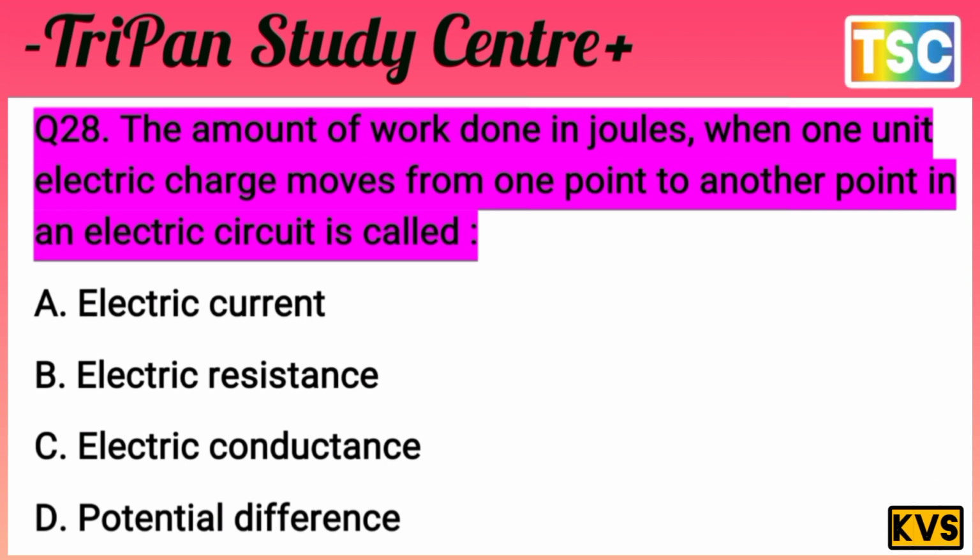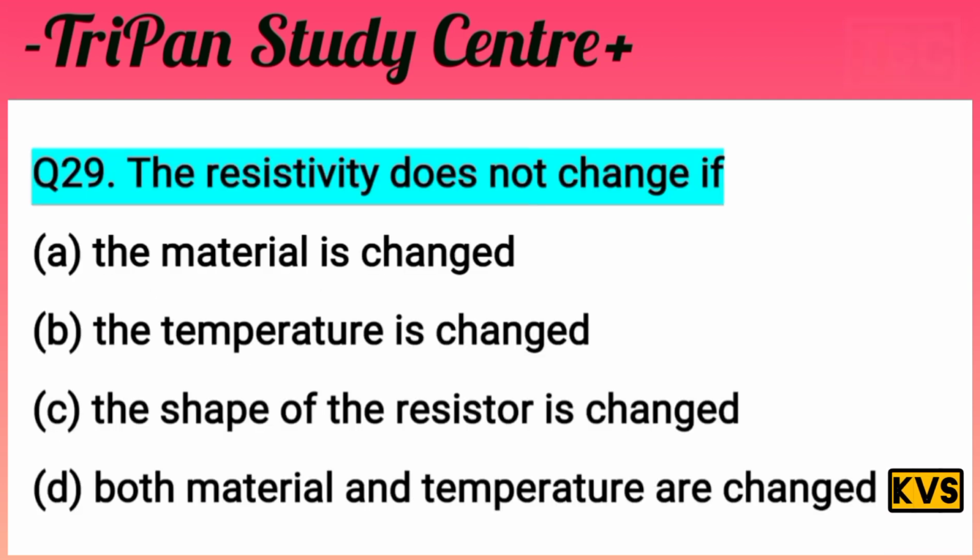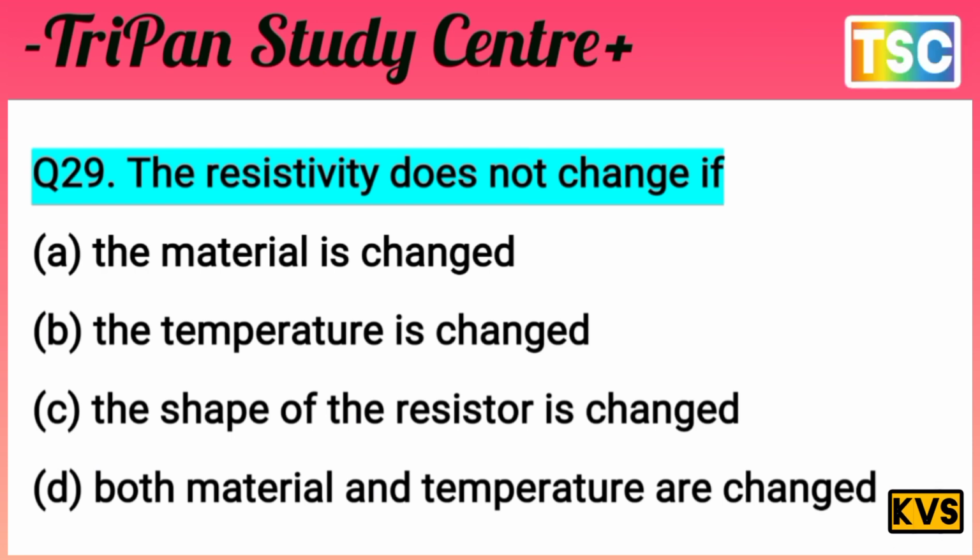Let's see the next question. The resistivity does not change if: A, the material is changed; B, the temperature is changed; C, the shape of the resistor is changed; D, both material and temperature are changed.